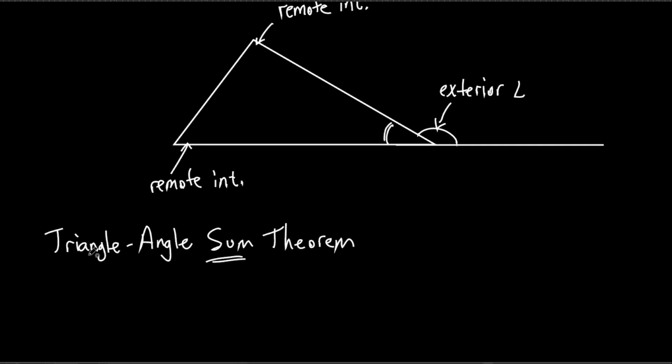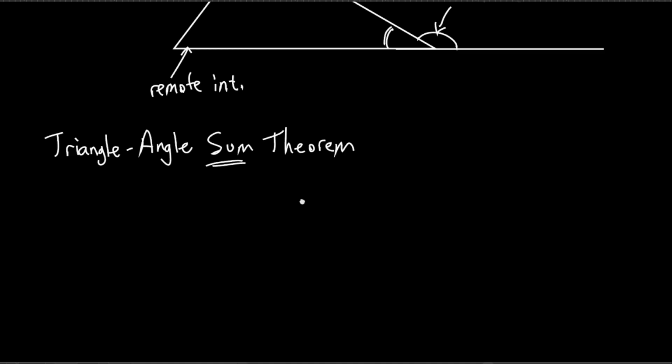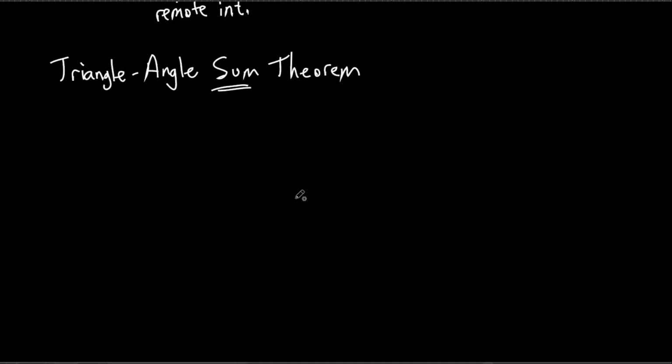And we're going to talk about a triangle, which we have right here, and we're going to talk about some of the angles inside the triangle. So here's what our theorem says. It says the sum of the measures, write this down. This is an important one to write down. I don't always write down every single theorem, but I think this one's important. The sum of the measures of the angles.